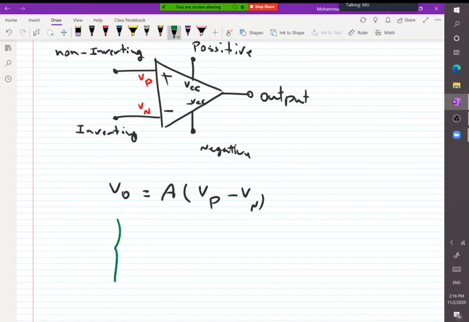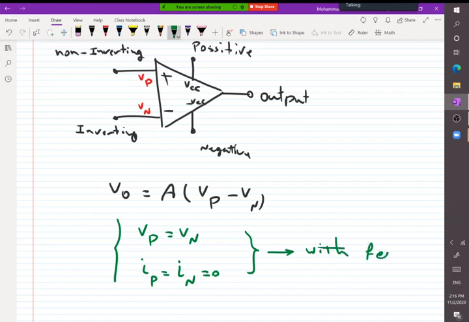The first thing is always VP is equal to VN and IP is equal to IN is equal to 0. These are true for OpAmps with feedback. If we have feedback in an OpAmp, VP is always equal to VN, and the currents going through the positive and negative inputs are equal to 0.